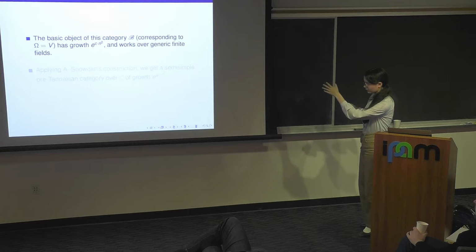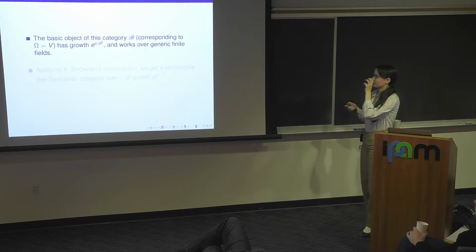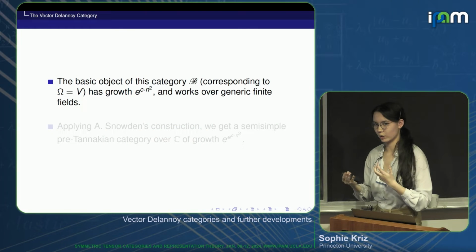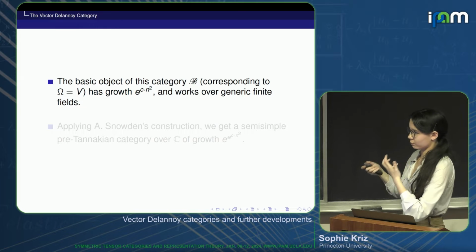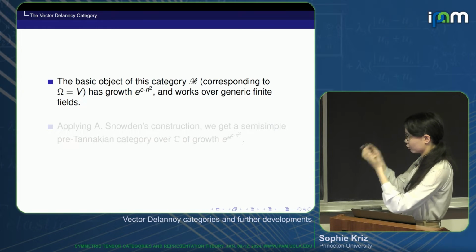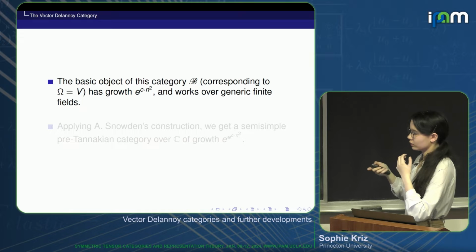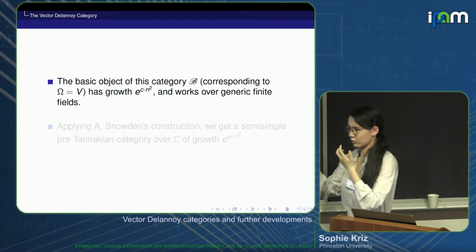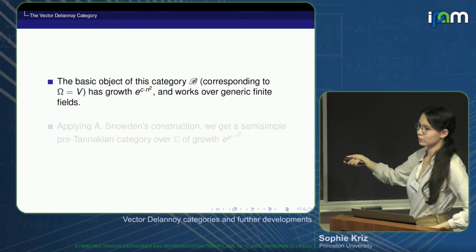So in this case, it will be this V. And it turns out that this basic object has growth e to the c times n squared. This is because it's drawing on Knop's category, so this is similar growth to GL_n(F_q).